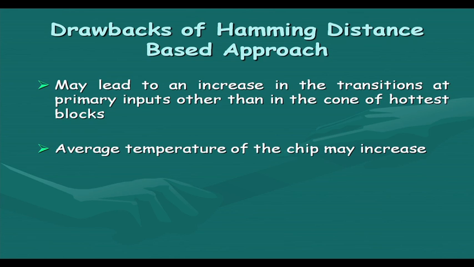So for other blocks the temperature may increase, and the average temperature of the chip may increase, because we are targeting to reduce the peak temperature. The mean temperature will increase, and that may have some adverse effect on the delay and frequency of the chip.